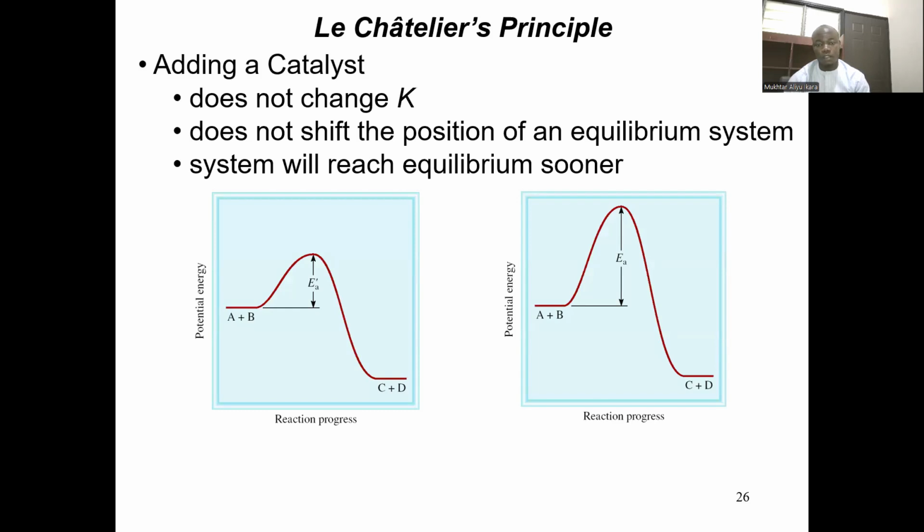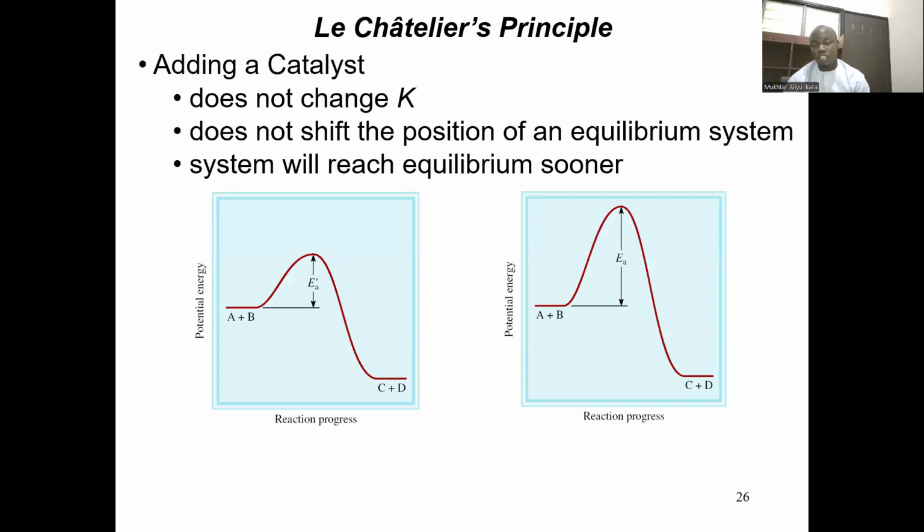So if you add a catalyst, both the forward and the backward reaction will proceed progressively. Therefore the equilibrium position will be attained as fast as possible by decreasing the activation energy.